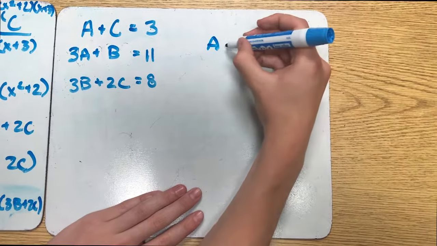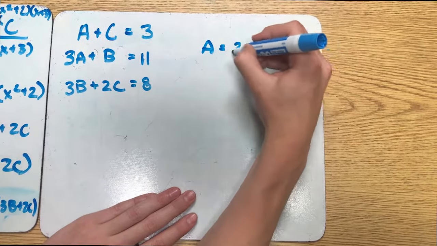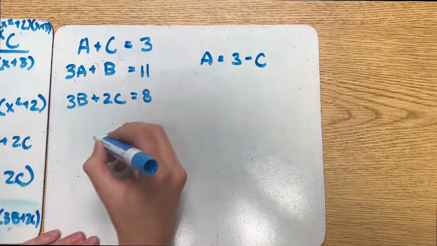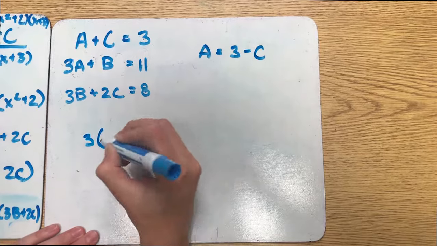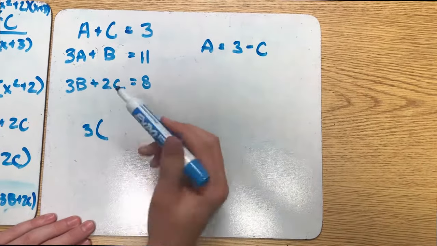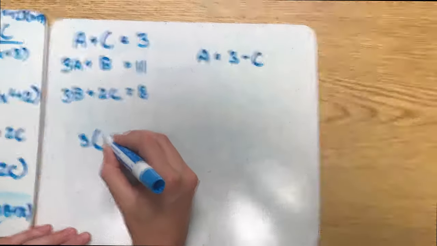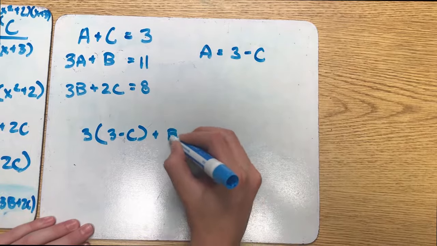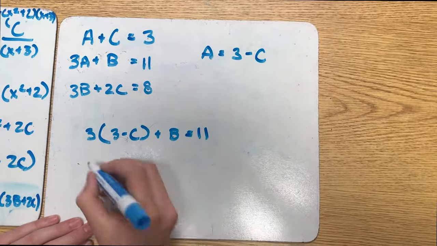For this example, we are going to be doing substitution. First, we have to set a plus c equal to 3, and then put a by itself, making a equal 3 minus c. After that, we're going to plug in 3 minus c for a, leaving 3 times 3 minus c, plus b equal to 11.